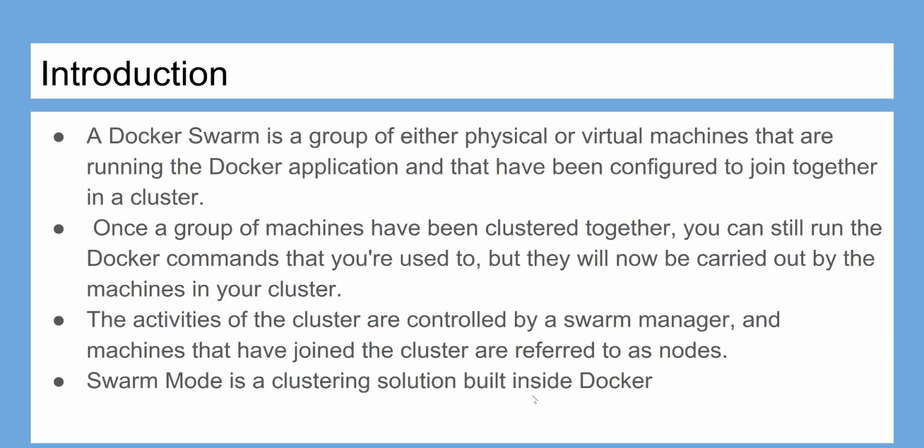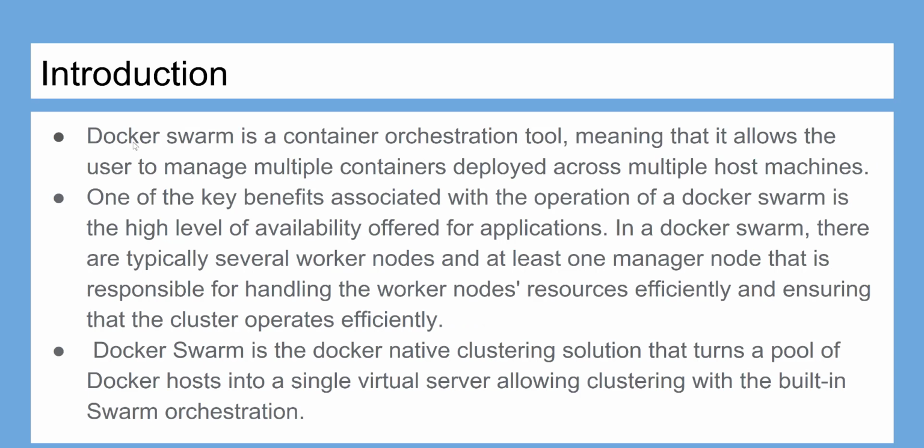Swarm mode is a clustering solution built inside Docker. Docker Swarm is a container orchestration tool, meaning that it allows the user to manage multiple containers deployed across multiple host machines. One of the key benefits associated with the operation of a Docker Swarm is the high level of availability offered for applications.